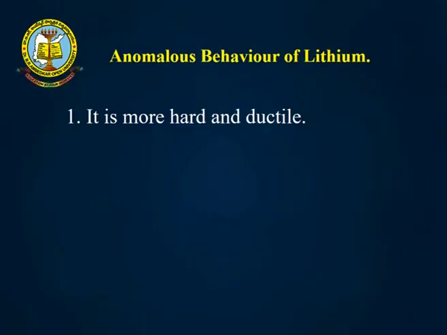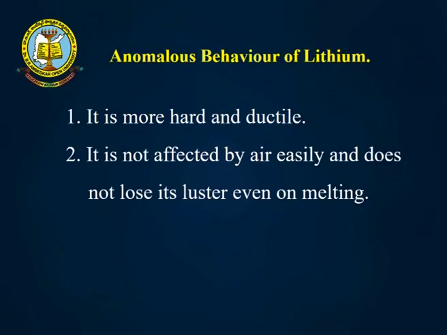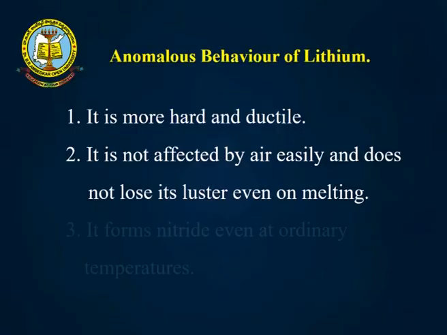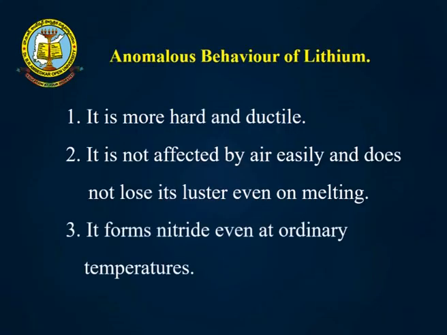Like that, these have some special characteristics here. Lithium is not affected by air easily and does not lose its luster even on melting. So, lithium also shows the luster property, and upon heating it will not lose the luster, but when you expose these metals to air, they will lose their luster, and it forms a nitride even at ordinary temperature.